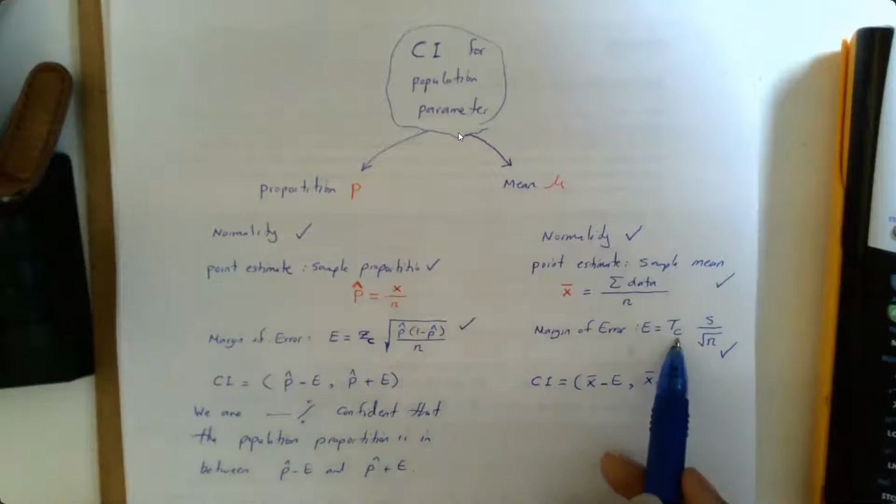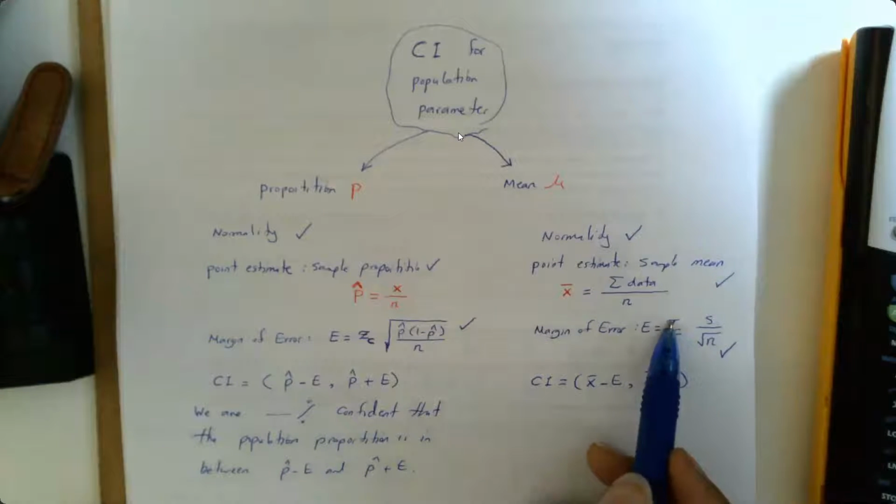We can find T sub C in our table by finding the degrees of freedom and the percentages that we have.